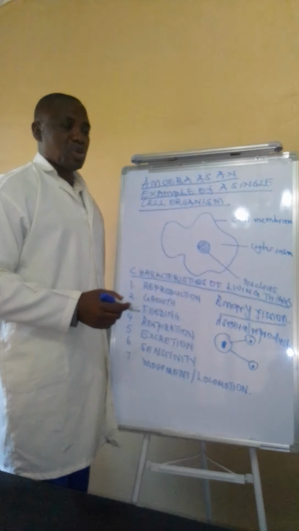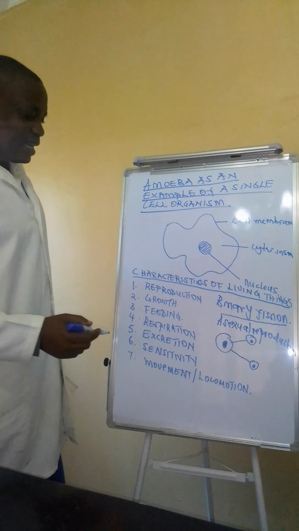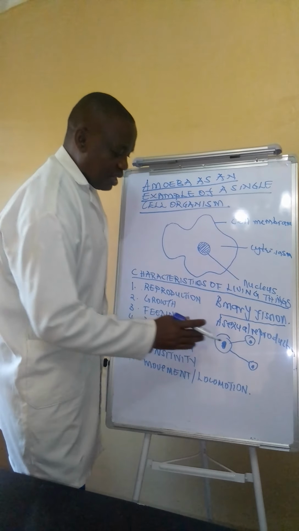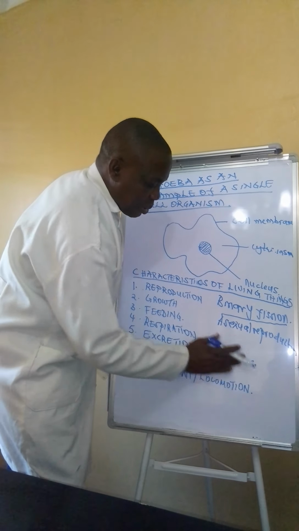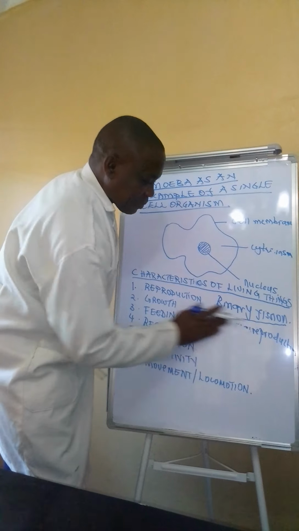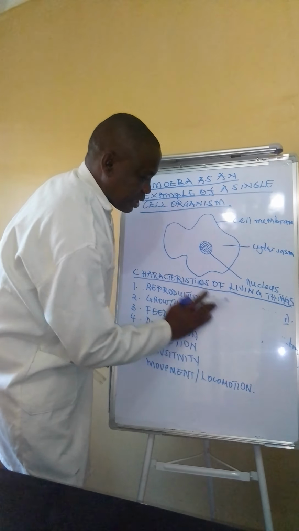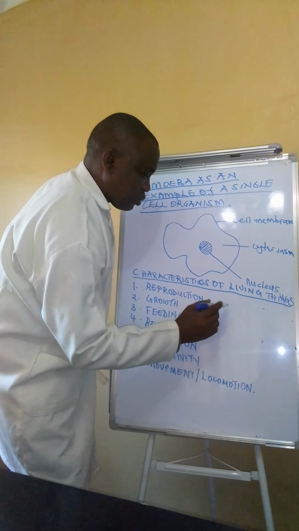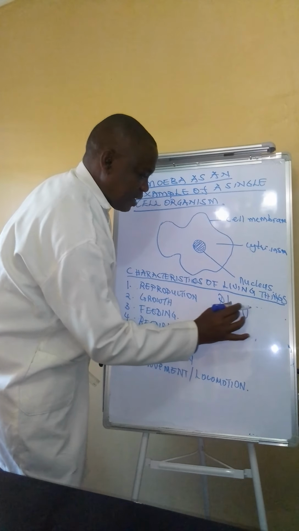If it has to feed on solid food, sometimes there are some debris which it can feed on, then it has to do it by way of what we call phagocytosis. For solid food, it feeds by the process known as phagocytosis.